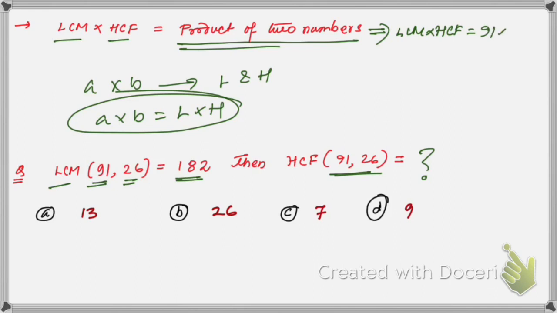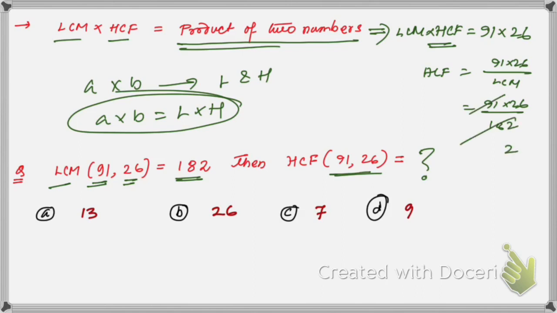The two numbers are 91 and 26. So in order to get the HCF, you have to divide this product 91 into 26 by the LCM, which is 182. So 91 divides 182, that's going to be 2 times, and 2 divides 26, that's going to be 13. So the answer is 13, right?